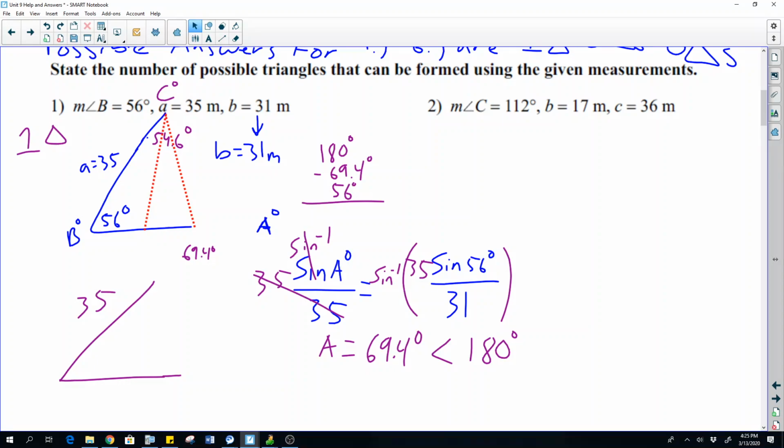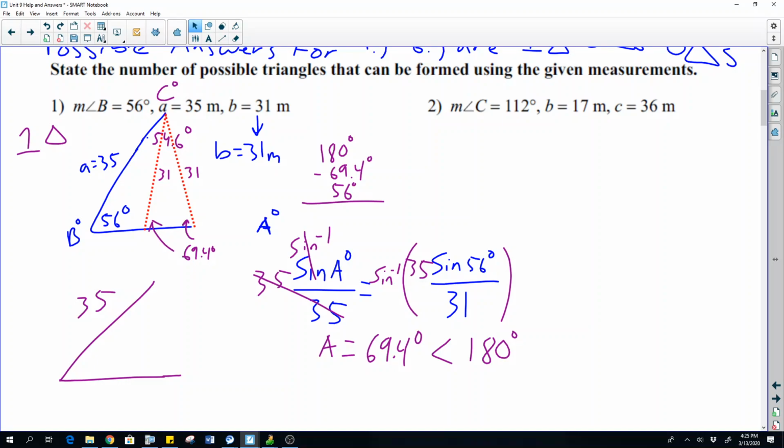Now we have an isosceles triangle. Again, this is 31, and if that's 31, then this is 31. That means the angles are the same. So if this is 69.4, then the other angle is also 69.4, since it's an isosceles triangle.